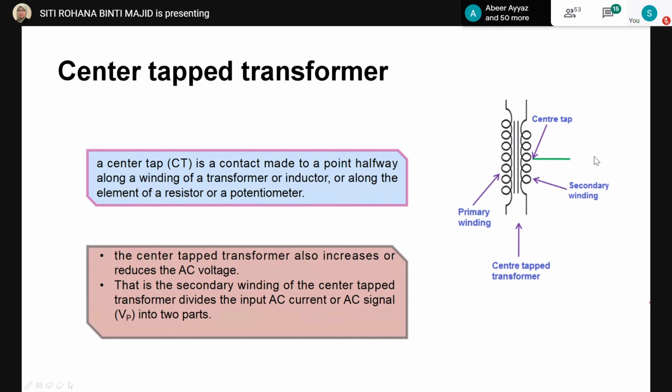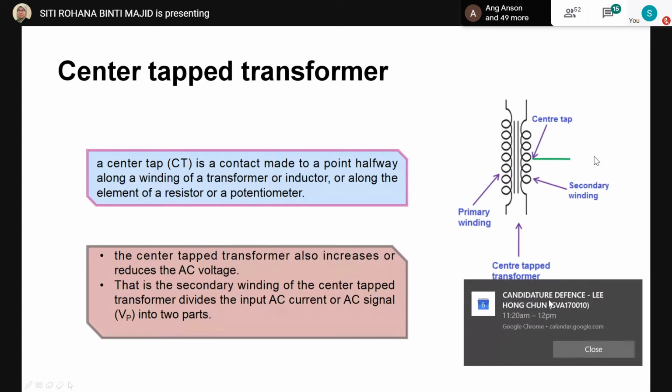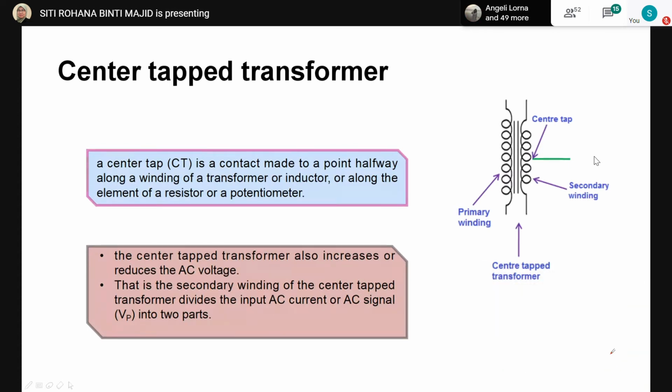Actually it's not a popular topic to discuss, because normally we will focus on the center tap rectifier, not the transformer. But engineering students may study that.